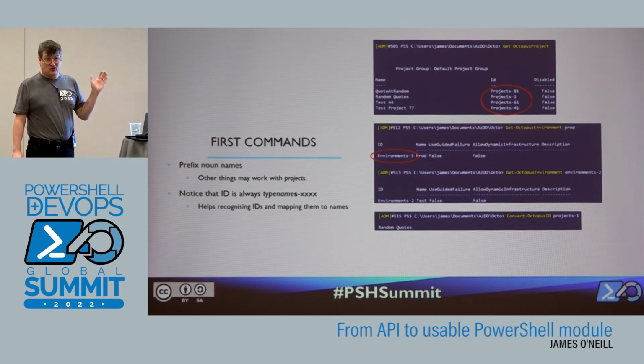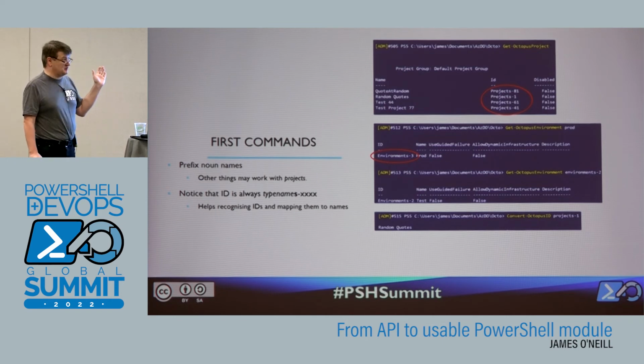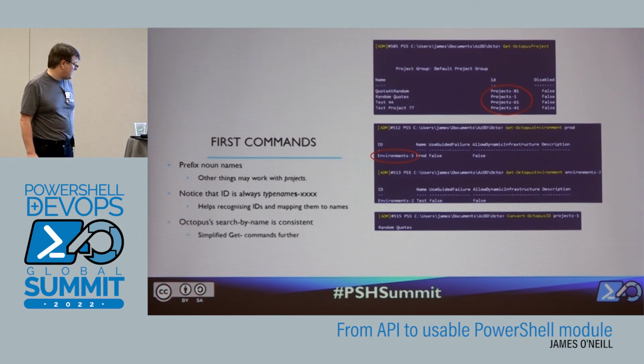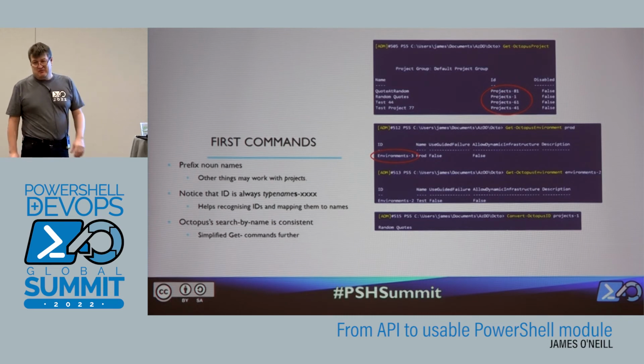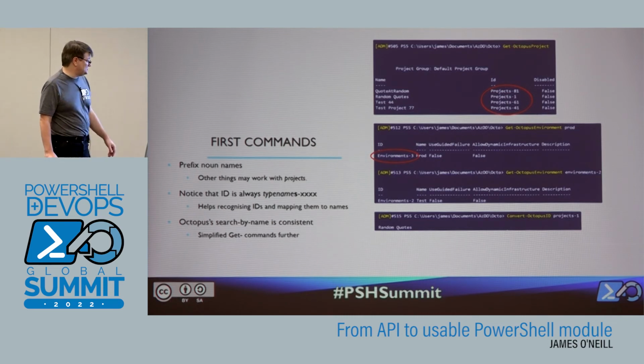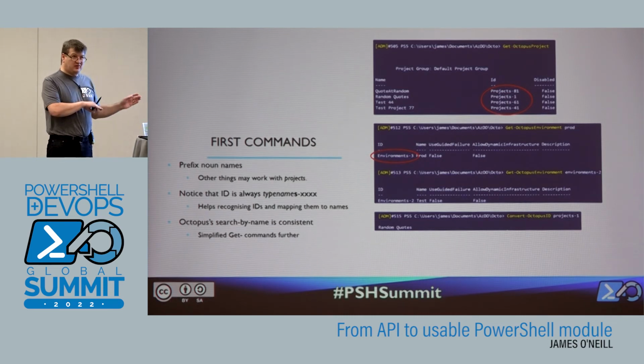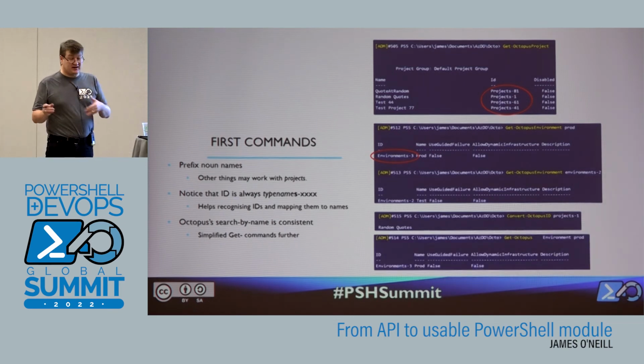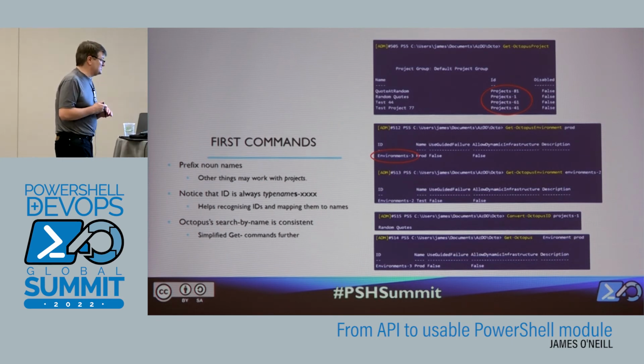This must be for a project. So I'll go ask for the project with the ID project 1. And it comes back and it says that's the project called Random Quotes. And search by name in Octopus is remarkably consistent, which meant that that Get-Octopus command that I was showing you actually works, and we can just give it a name or an ID and it figures out what it's supposed to be doing.